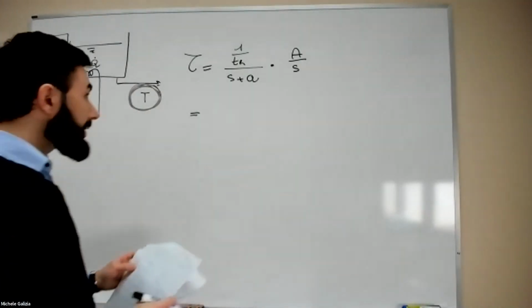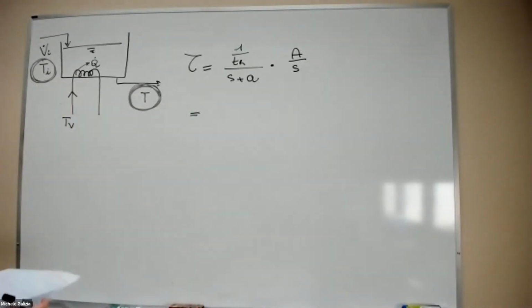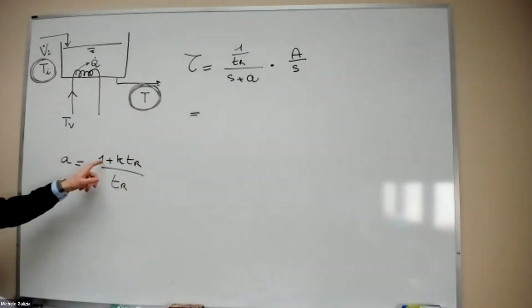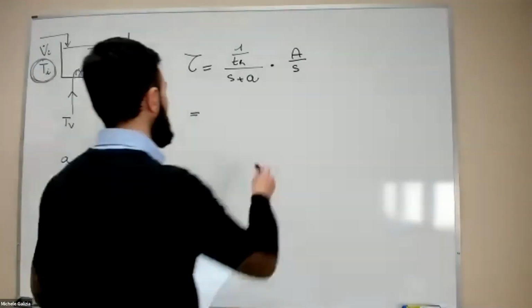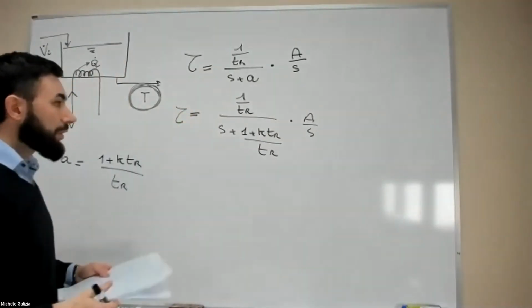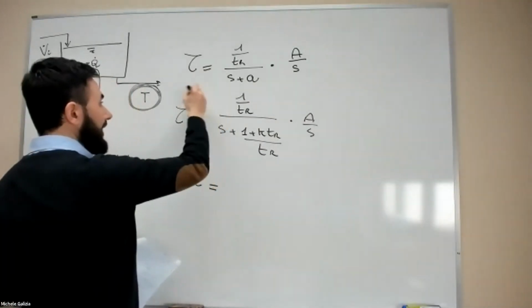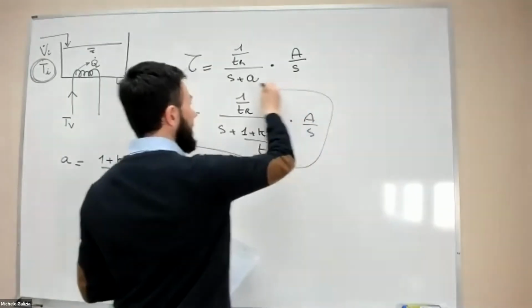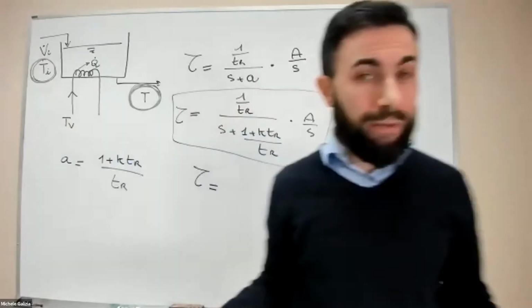Now, who is A? Just remember that before we assumed A equal to 1 plus K Tr divided Tr. So this will be the response in the Laplace domain. So we need to rewrite this in a form that is easy to anti-transform.